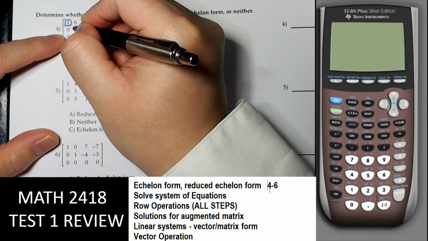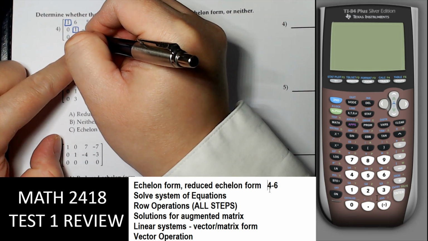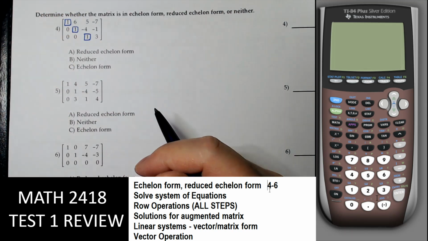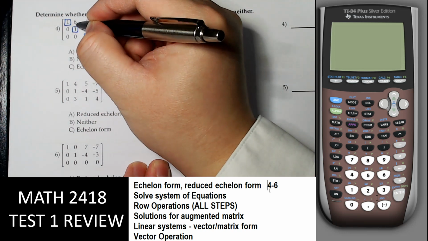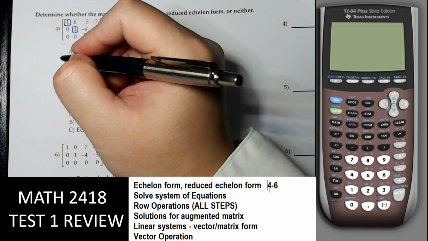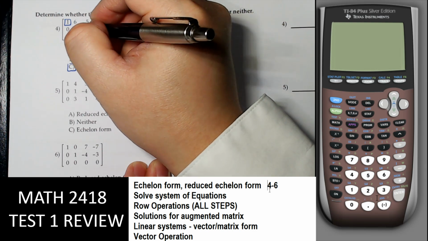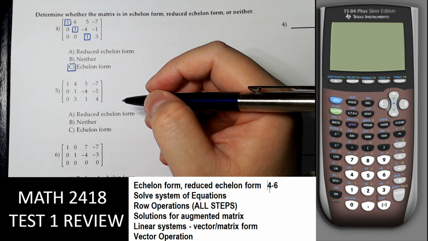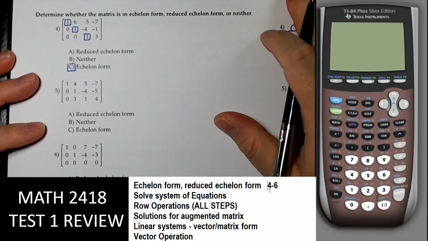The first non-zero entry is here, and they align on the steps of the echelon form, and above that is not zero. So this is only in the echelon form. If those numbers happen to be zero and those are ones, it will be reduced row echelon form. So this is going to be just echelon form.